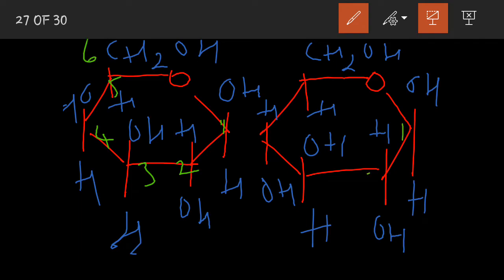This one 1, 2, 3, 4, 5, and here 6. Now carbon number 1 of galactose links with carbon number 4.